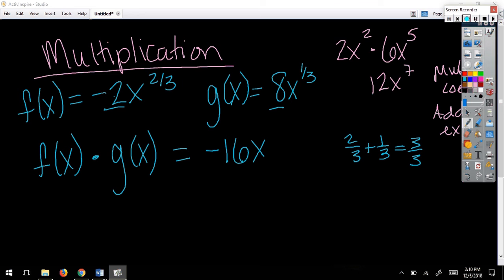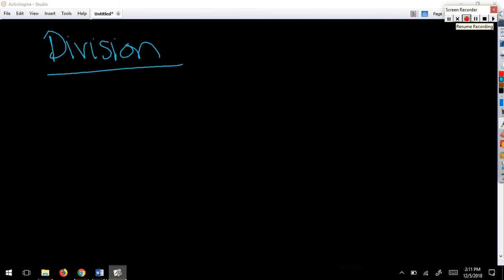John? All right, when you divide, as a reminder, if I have 10x to the 5th divided by 2x to the 2nd, you divide the coefficients. Only difference is now we're doing it with fractional exponents.